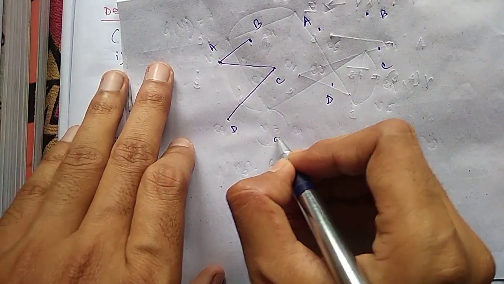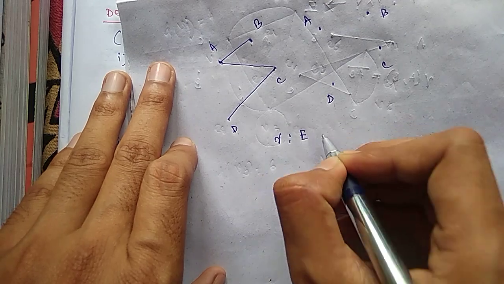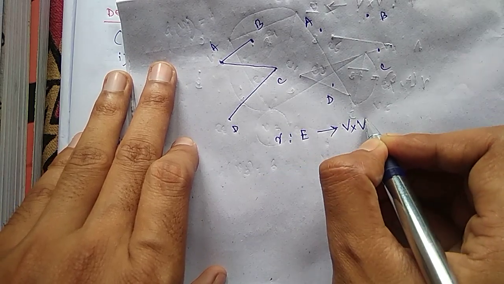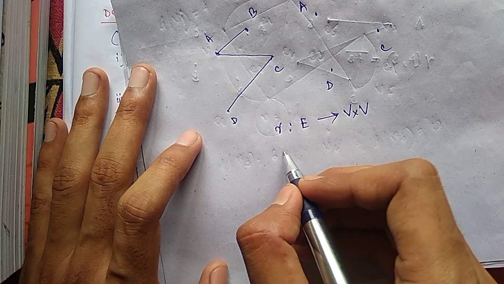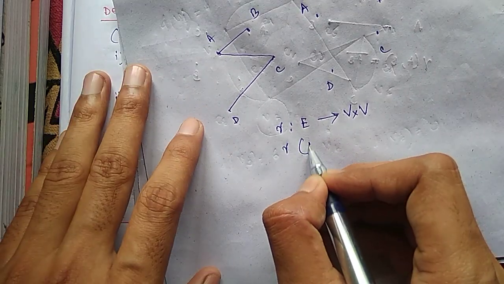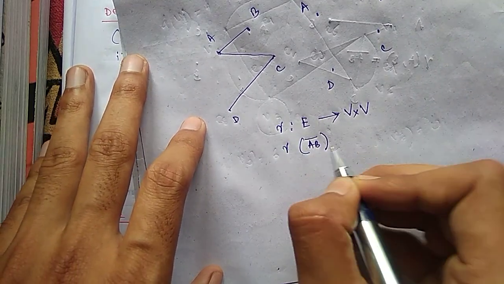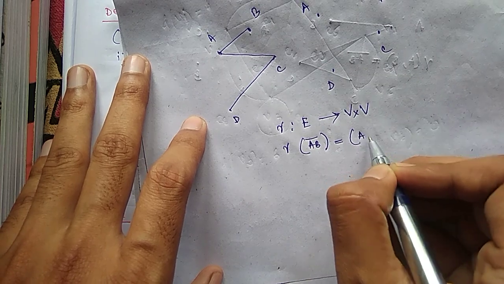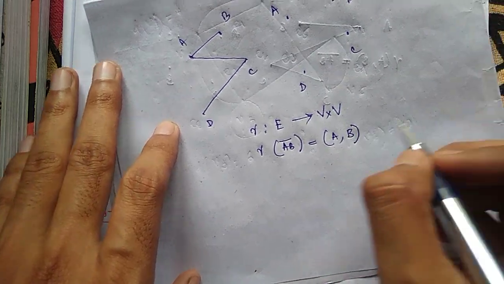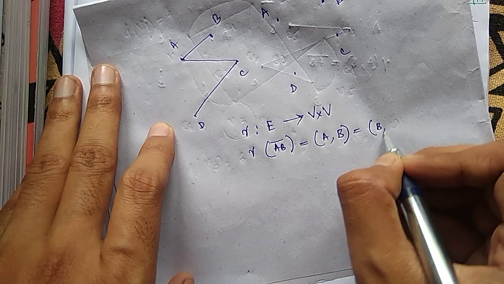So here gamma is a function from E to V cross V. That means here gamma of the edge AB is equal to the unordered pair (A, B) equals (B, A).